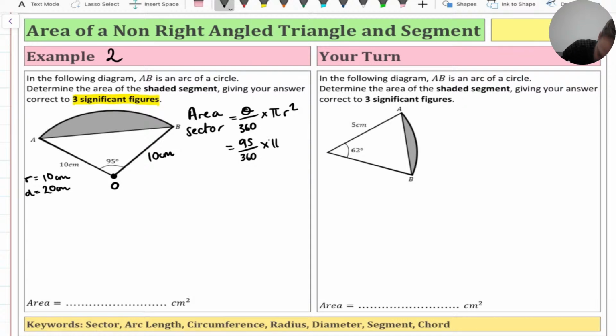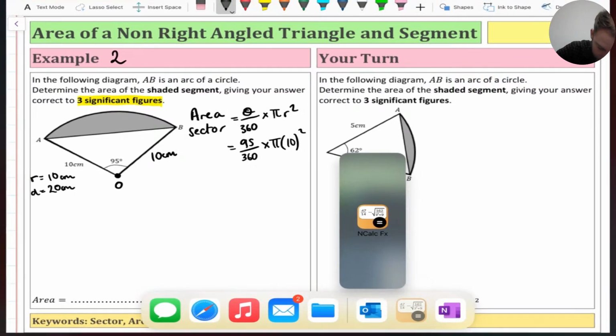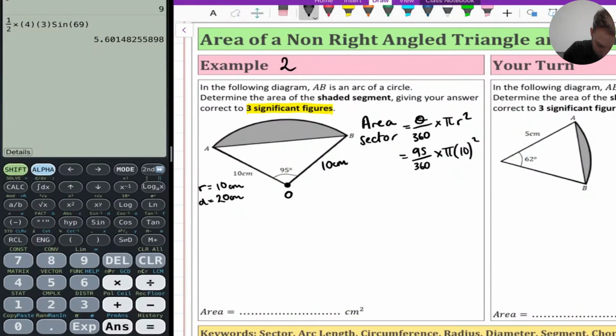So times pi times 10 squared. Let's get our calculator up. So we've got fraction button first, 95 over 360 times shift pi times 10 squared.